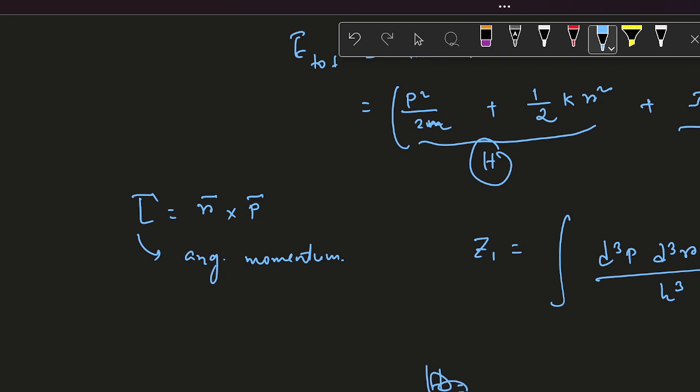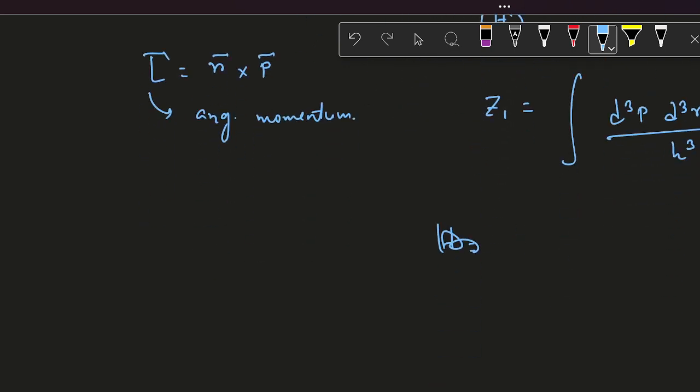Also, if you want to simplify, what is this omega dot L? Omega is omega times z cap, and L is r cross p. So let us see what this dot product looks like. First of all, r cross p means if you take the cross product, it is x cap, y cap, z cap, then x, y, z, then px, py and pz.